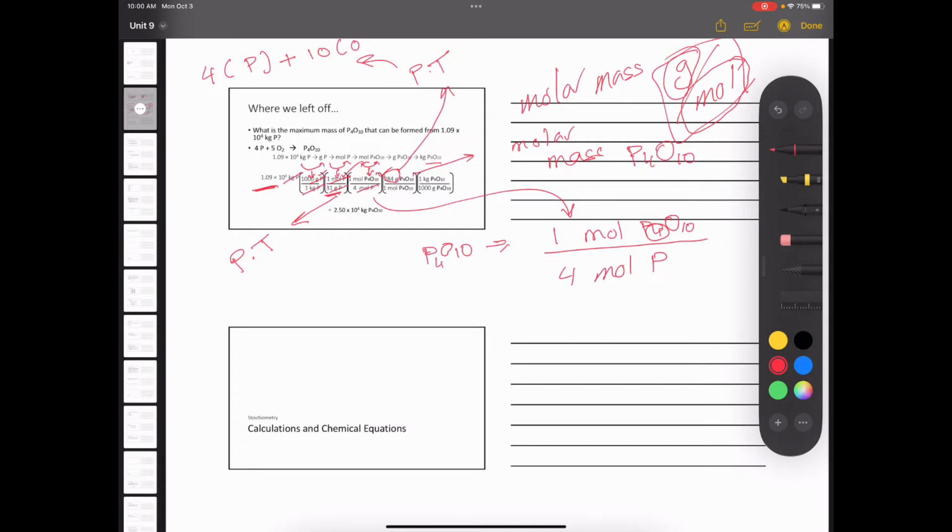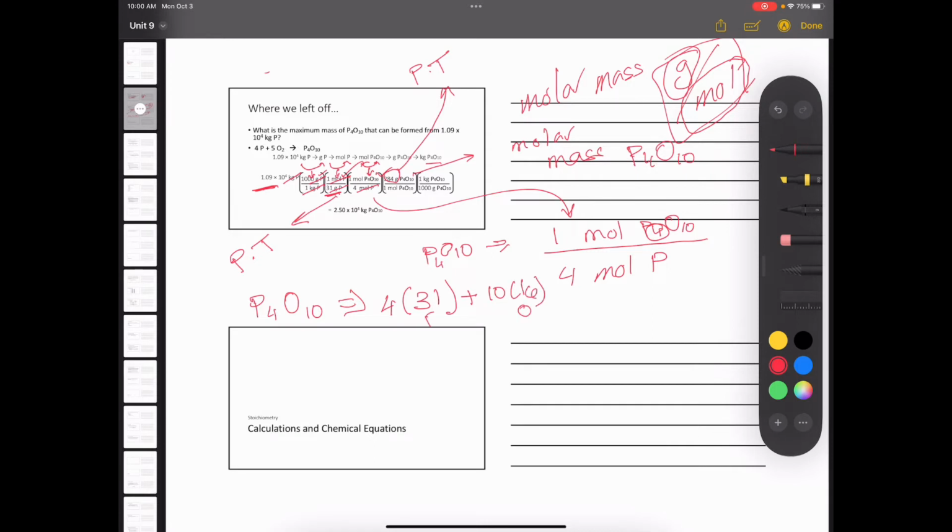All right, let me do this one down here. So for the phosphorus oxide, P4O10, the molar mass for this is 4 times 31 plus 10 times 16, which is the atomic mass for oxygen.